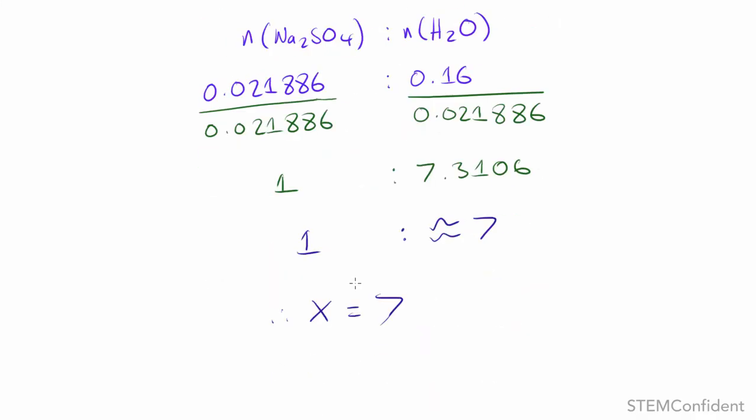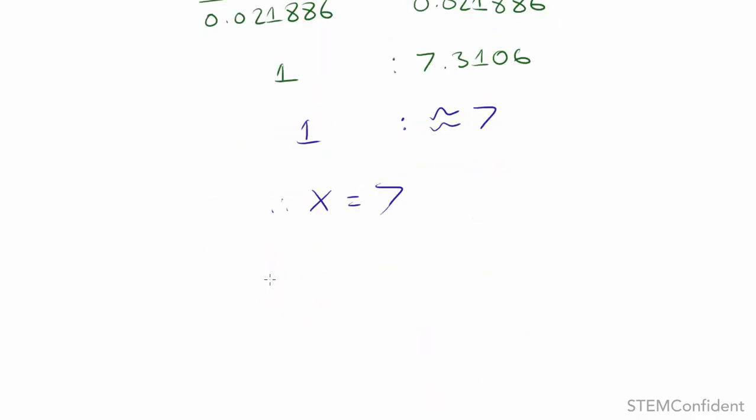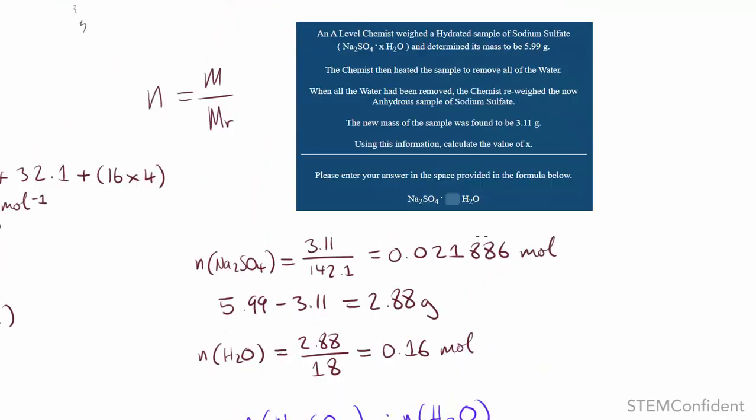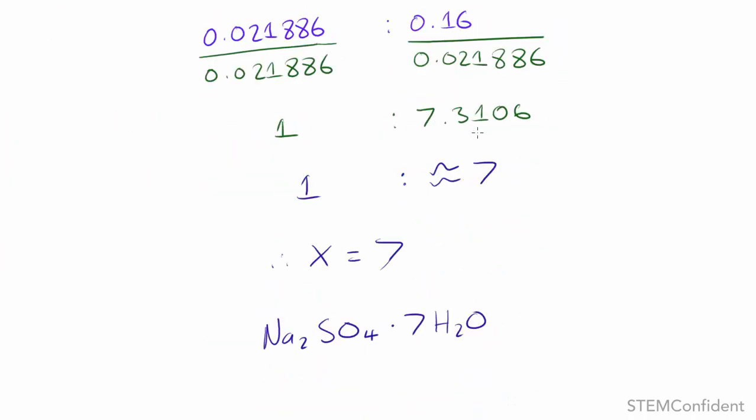Well, therefore the formula would be Na₂SO₄·7H2O. And since we worked that out, in the formula above here we can put in that value, so it's going to be a 7. And yeah, in this context, that's how you'd work that out.